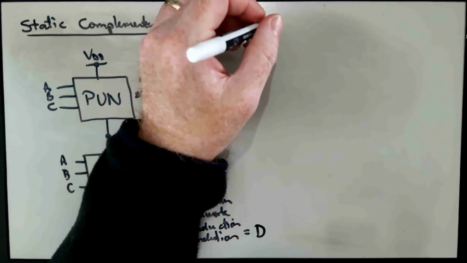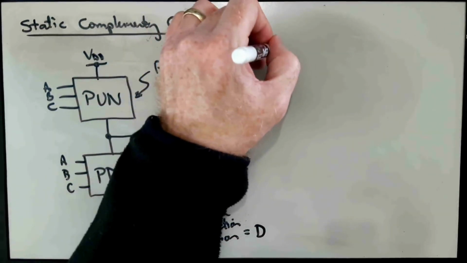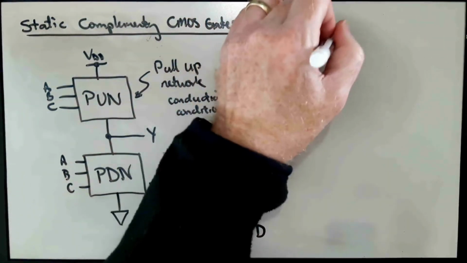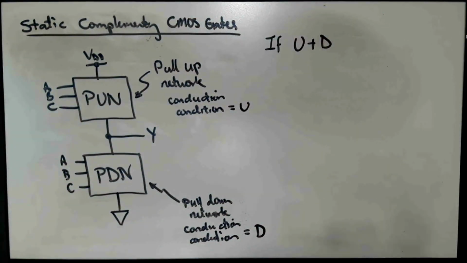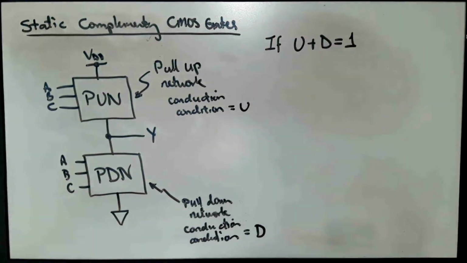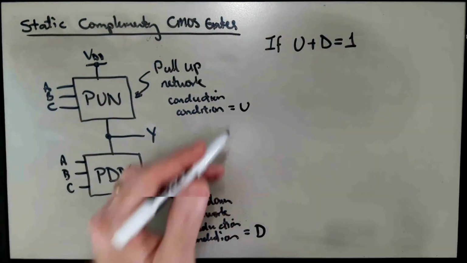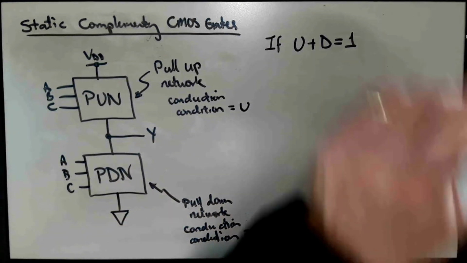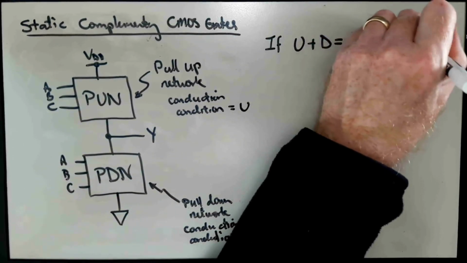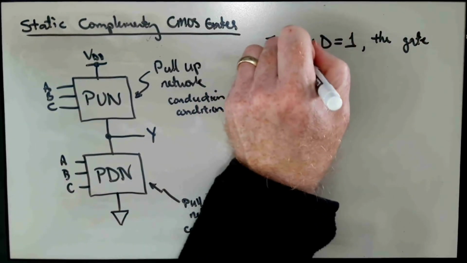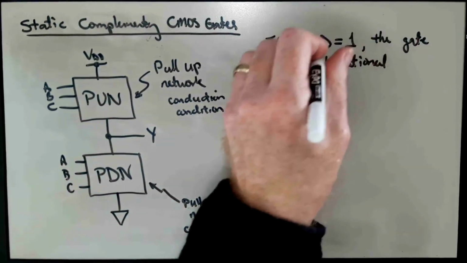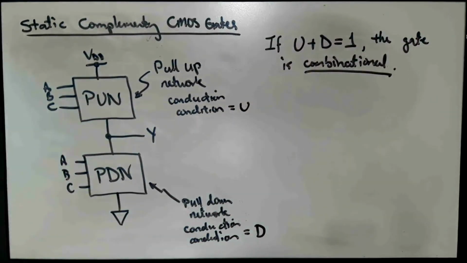So if U or D is equal to 1, if that's true, then the gate is combinational. Okay, that's just a definition.